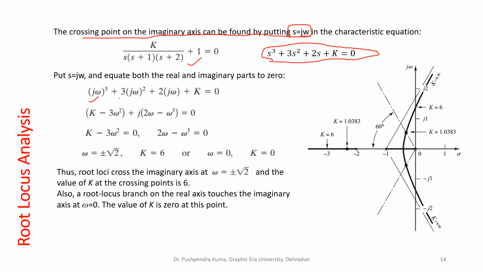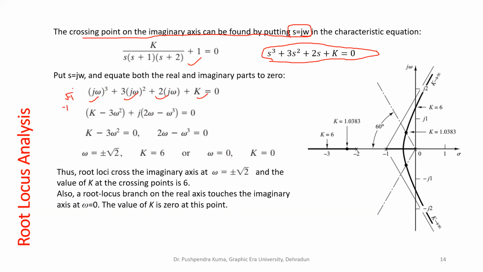So (j omega) cube, 3 (j omega) square, 2j omega plus k, and equate the real and imaginary parts to 0. Because it is a cubic, the cube of j under the root minus 1 will be what? It will be minus 1 only.